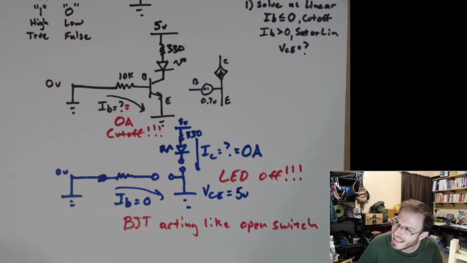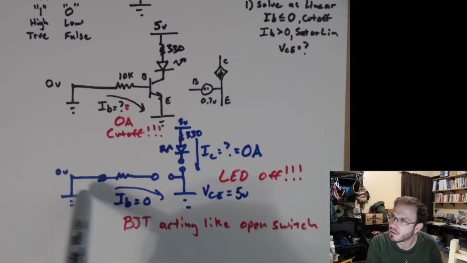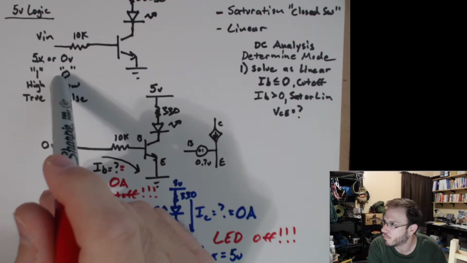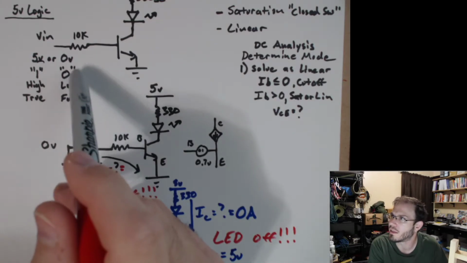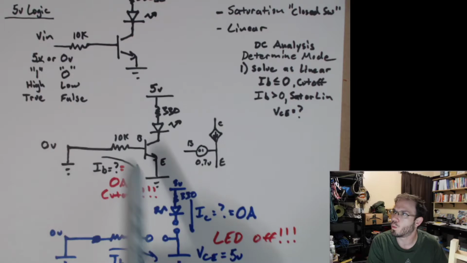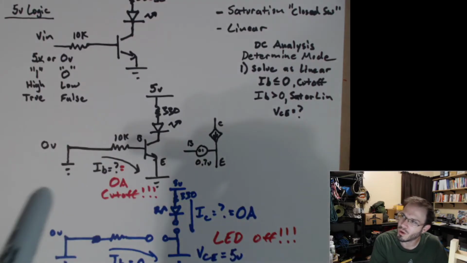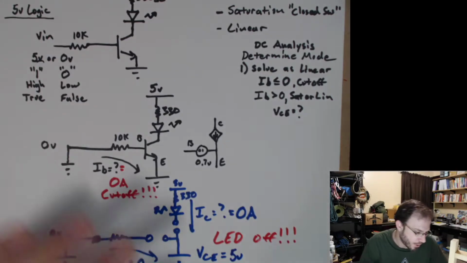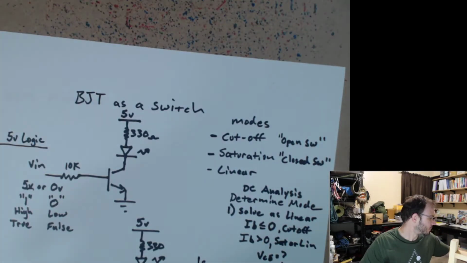Let's now solve this for the other case. As I said, we're either going to be outputting from our microcontroller or digital circuit either 0 volts or 5 volts. So we've solved it for the case of 0 volts, but we're going to need to figure out what happens now when we apply 5 volts to that input. Same exact circuit.